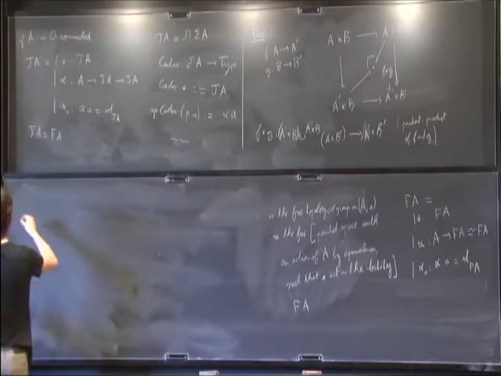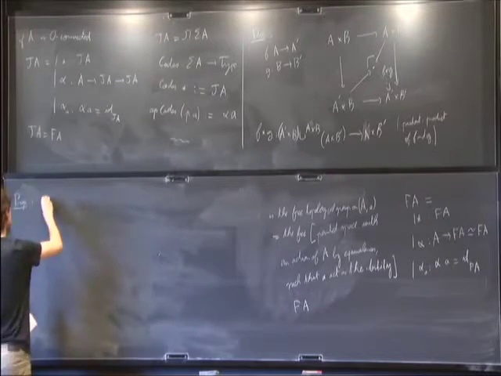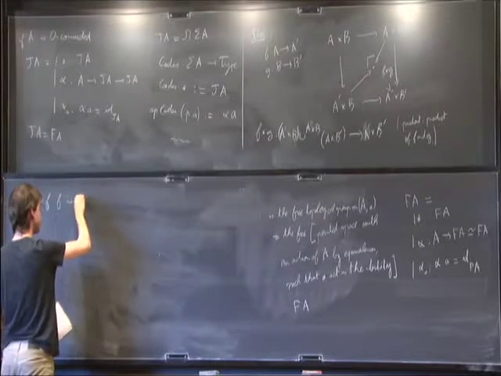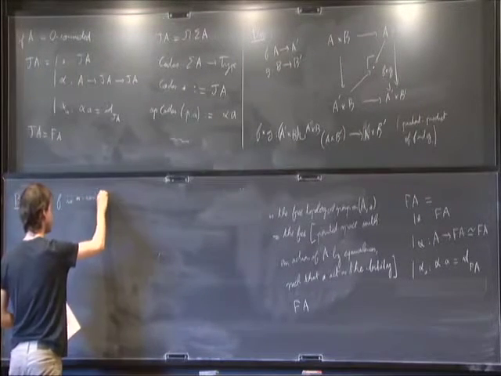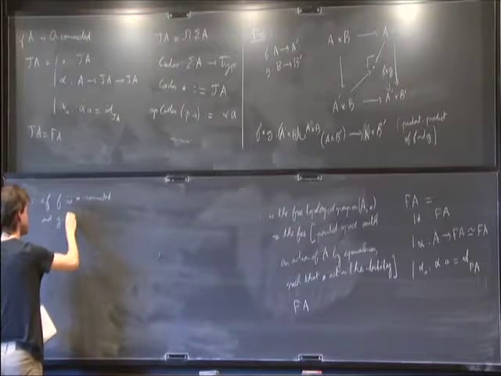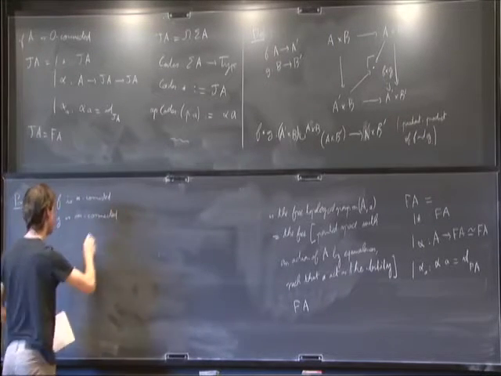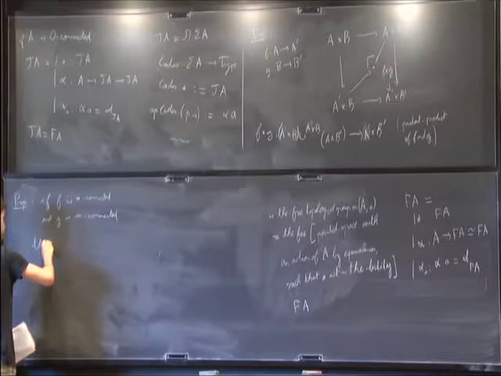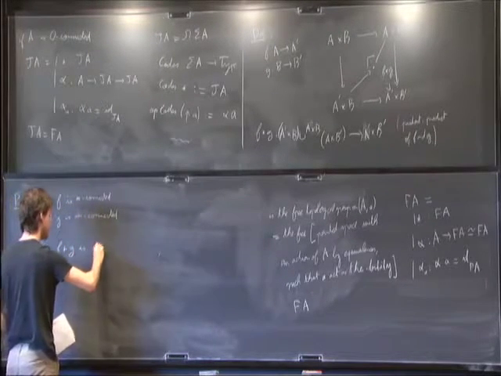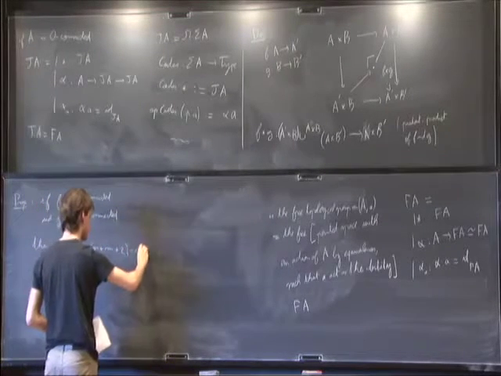Okay, and so now the result is that if F is n connected and G is m connected, then the push-out product F star G is n plus m plus 2 connected.